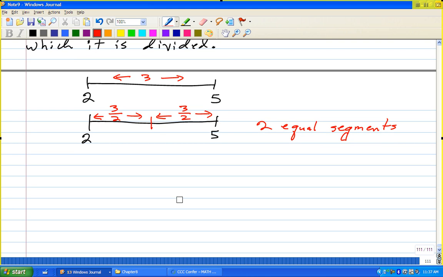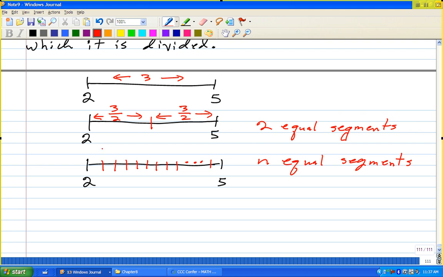If you divided it into n of these, let's say a whole bunch of these, and so n equal segments, then each of these has to have a length of 3 over n.